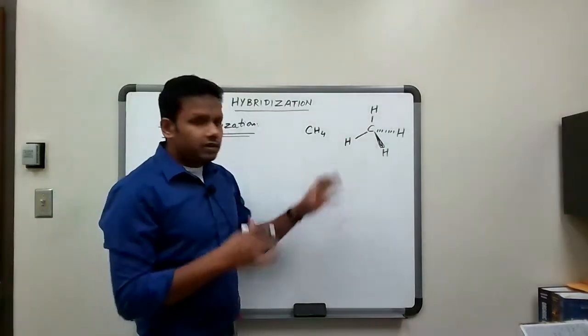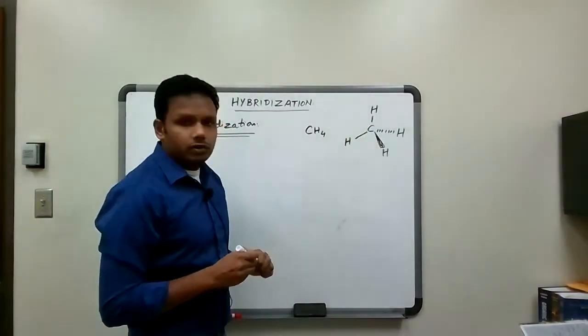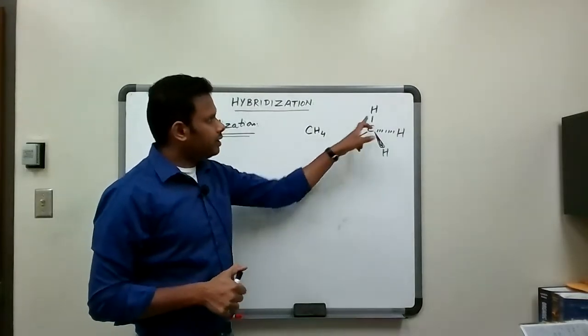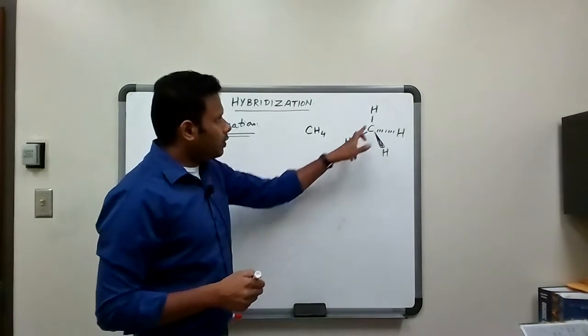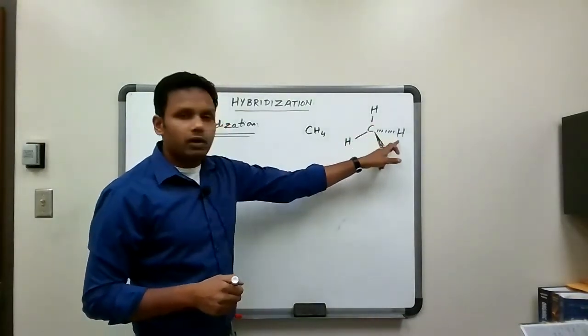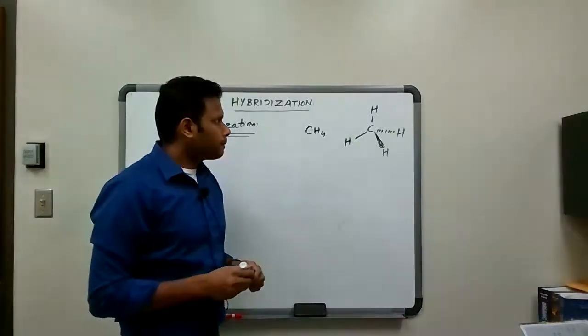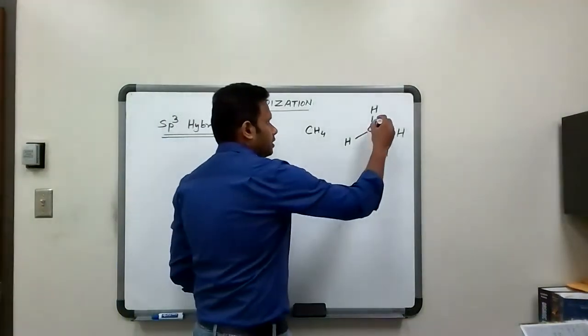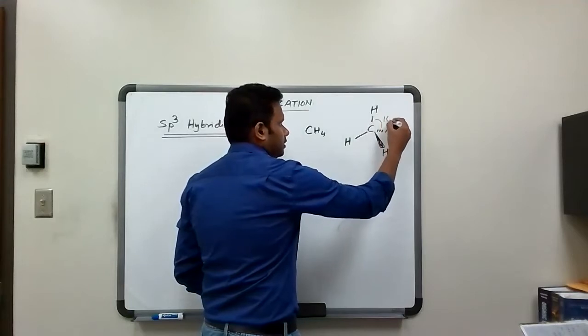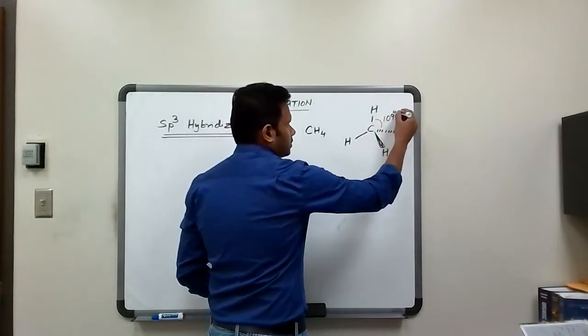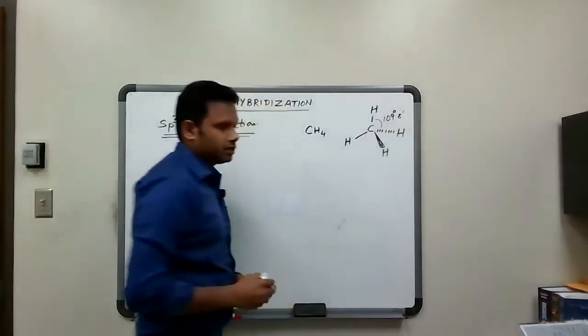So we have a 3-dimensionality to the molecule, the way it's drawn. The other thing about methane is that all of these carbon-hydrogen bonds are of equal length. Additionally, the bond angle here is a tetrahedral bond angle, 109 degrees and 8 minutes.